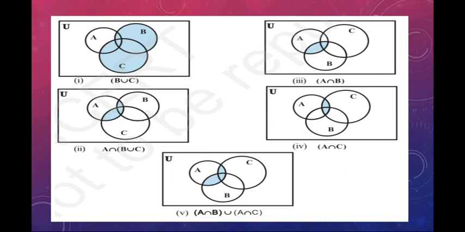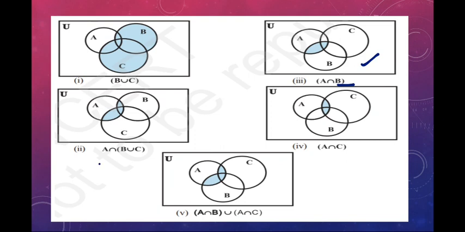Look at the figure, the blue shaded portion is the common part of the circles representing A and B sets. So for common, you are using the operator intersection. That's why this is the diagram of A intersection B.